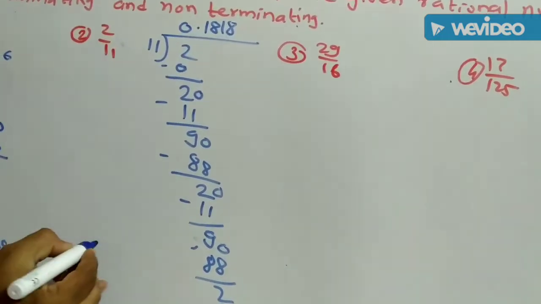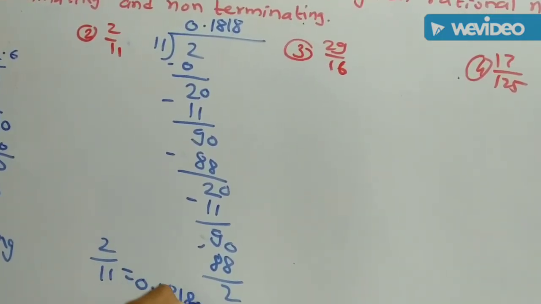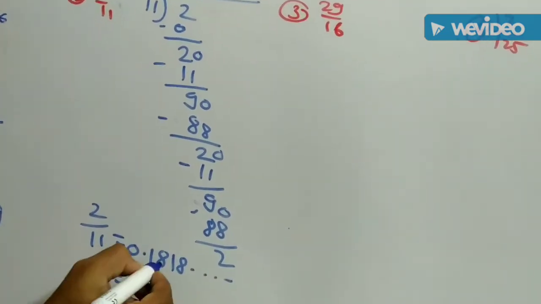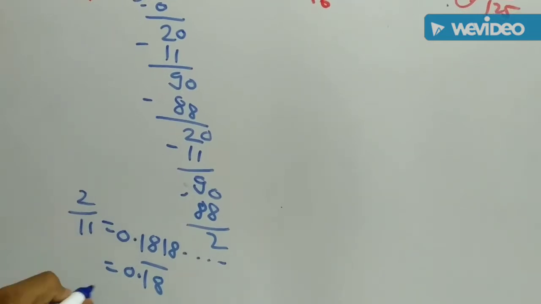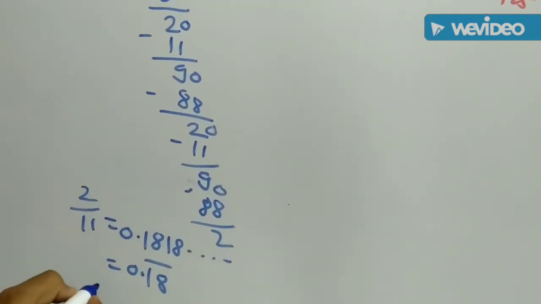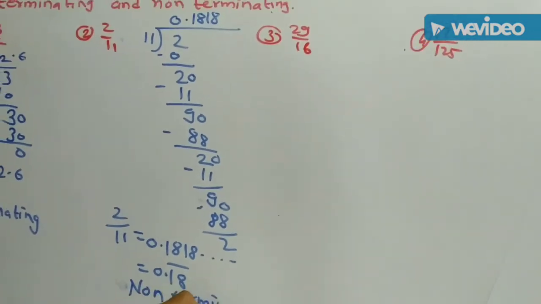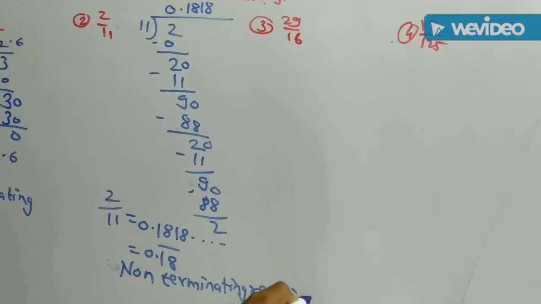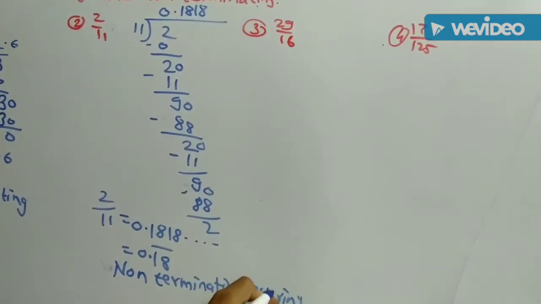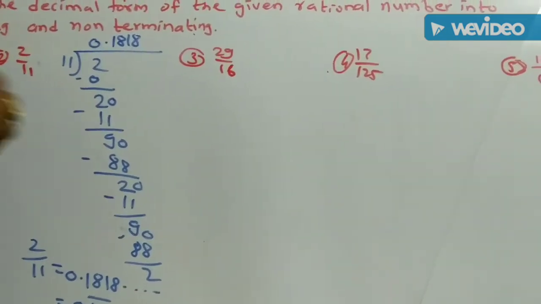That means the division process does not end, and the division is 0.18 18 and so on. The group of digits is repeated, therefore we write it as 0.18 with a bar, and the division process does not end, therefore it is non-terminating recurring, because the group of digits is repeated.